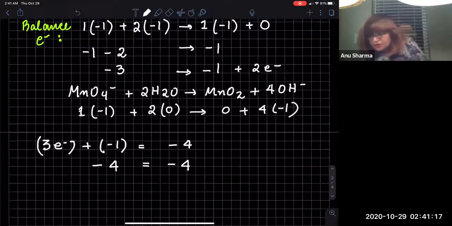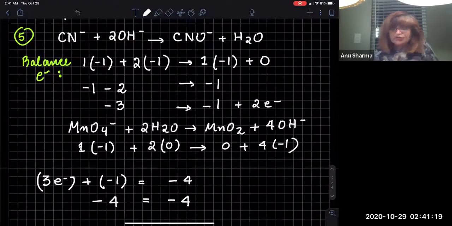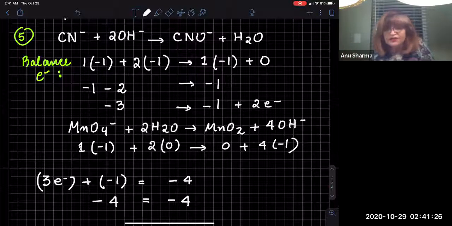So just pay attention: for oxidation, you add the electrons on the right-hand side. For reduction, you add the electrons on the left-hand side.